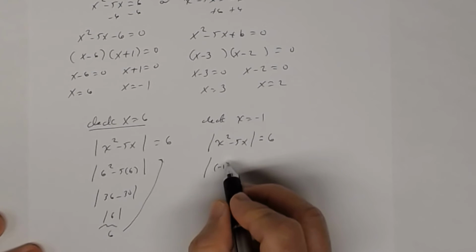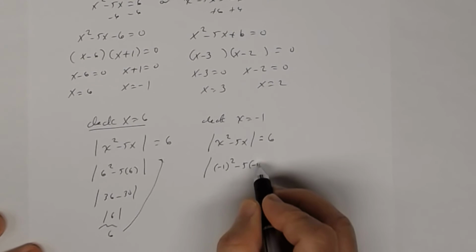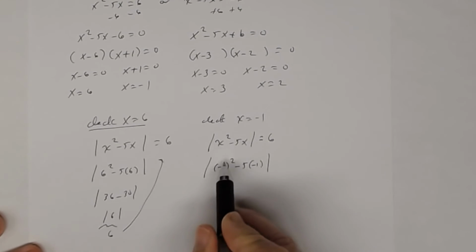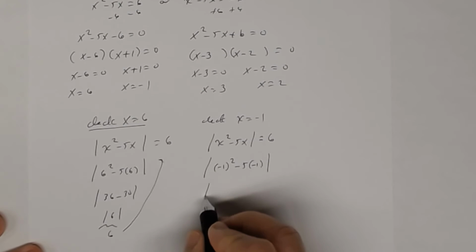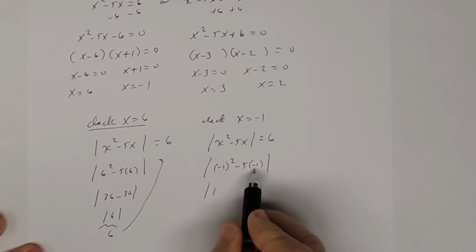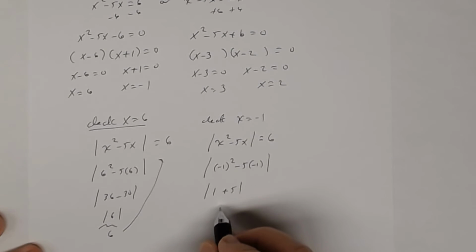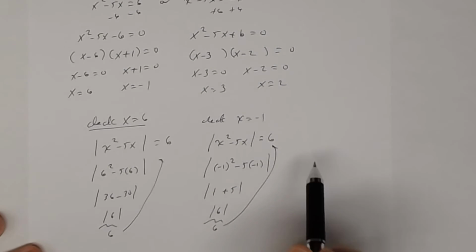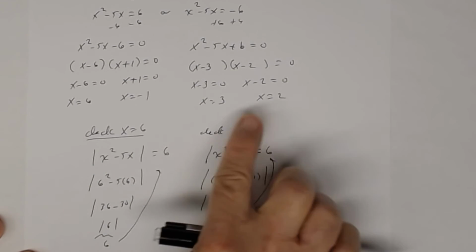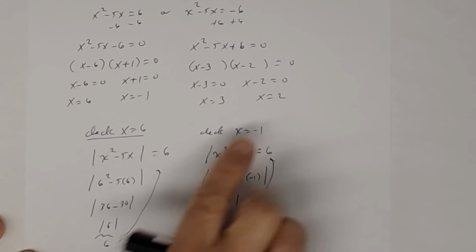So I get negative 1 squared minus 5 times negative 1. Negative 1 times negative 1 is positive 1. A negative 1 times a negative 5 is a positive 5. Don't forget the absolute value bars. 5 plus 1 is 6, and the absolute value of 6 is 6, which is what I had here. You can go on for the rest, and you'll see that all of them will work.